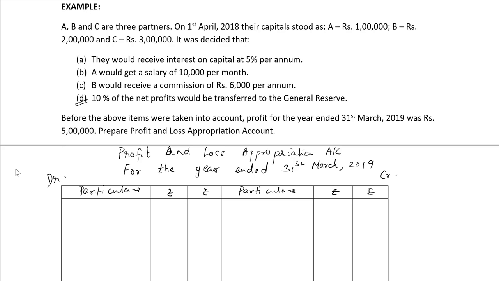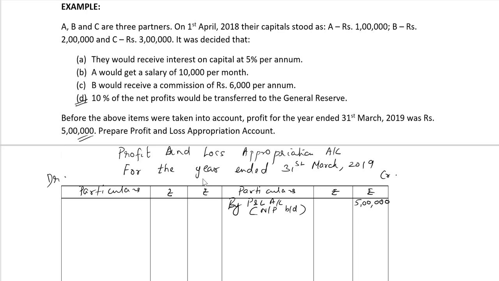We'll begin by bringing down the net profit of the P&L account to the credit of the profit and loss appropriation account, by profit and loss account being the net profit brought down, rupees 5 lakh.